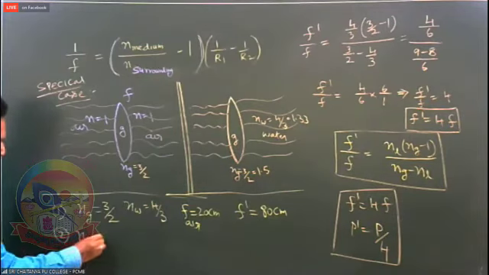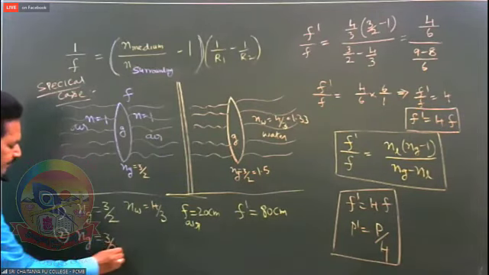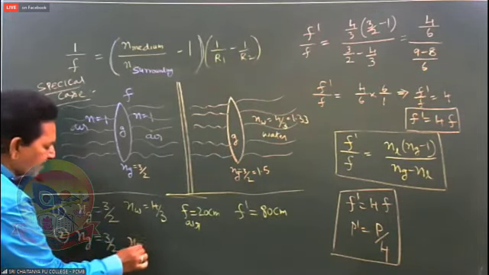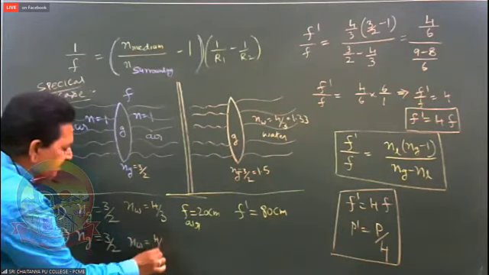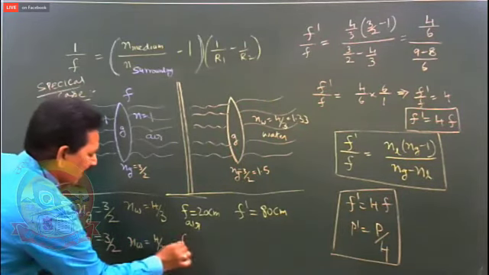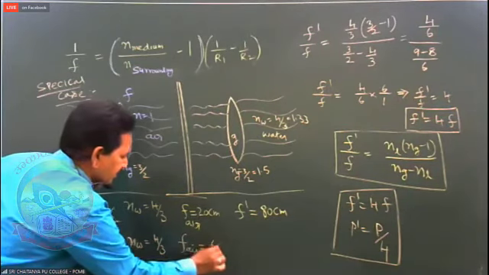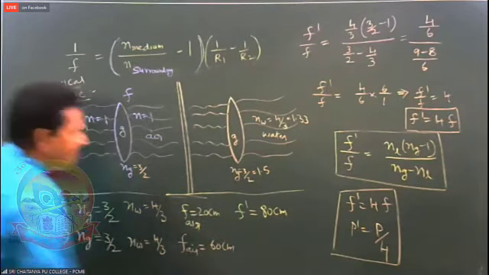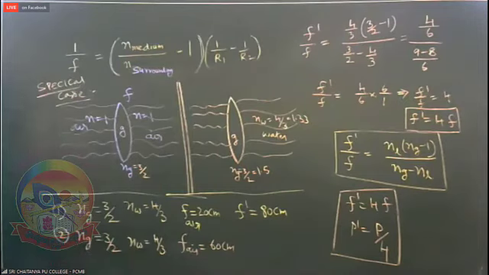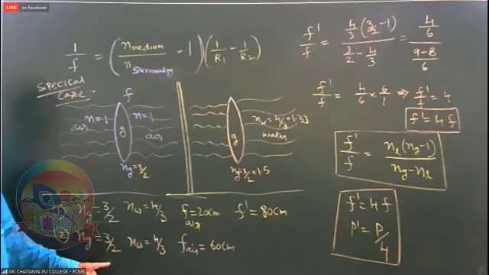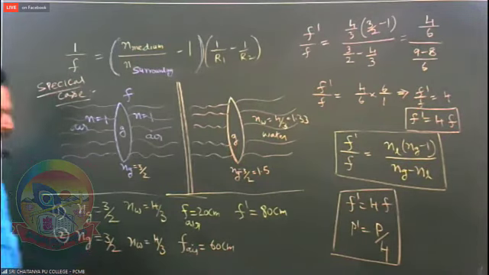Refractive index of glass 3 by 2, refractive index of water 4 by 3. Focal length of the lens in air is 60 centimeters. Find the focal length in water. Same concept. If we see these figures, directly the focal length increases by 4 times.